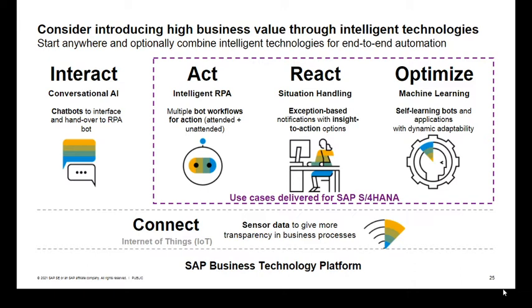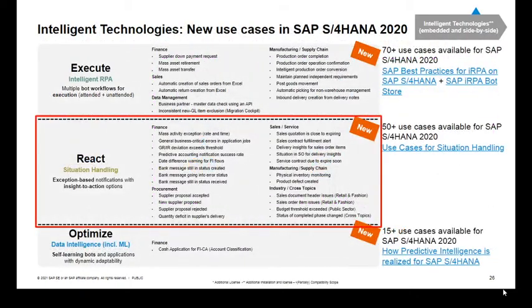Okay, let's move ahead. There's a huge number of such new use cases in S4HANA 2020, and this slide provides an overview of that. We will have a dedicated session for that coming up, where one of our team colleagues will provide a more detailed look and also give you a couple of demos around it. There's a lot of robotic process automation, what you can see at the top, in different business areas: finance, sales, manufacturing, and so on.